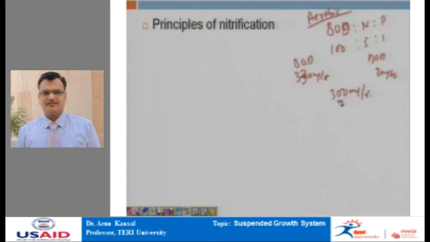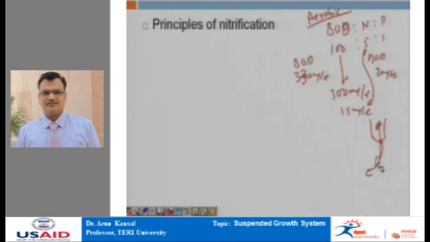So, basically for 300 units of BOD, 15 milligrams per liter of nitrogen is already taken care of in terms of the synthesized cell mass. That is, for every 100 units, 5 units are there; therefore, for 300 units, 15 units of nitrogen is synthesized as cell mass, separated in the secondary clarifier and wasted out of the system.